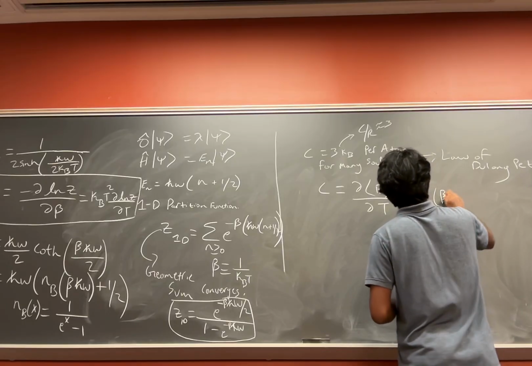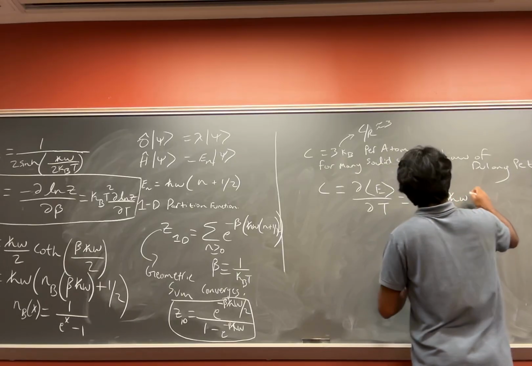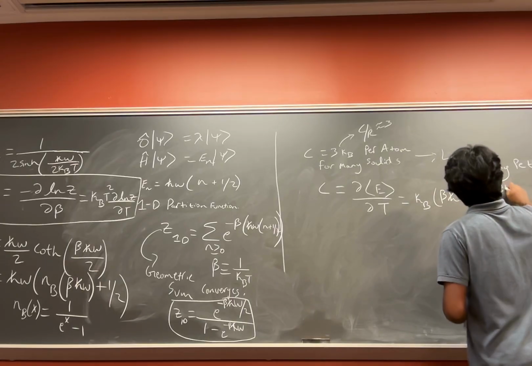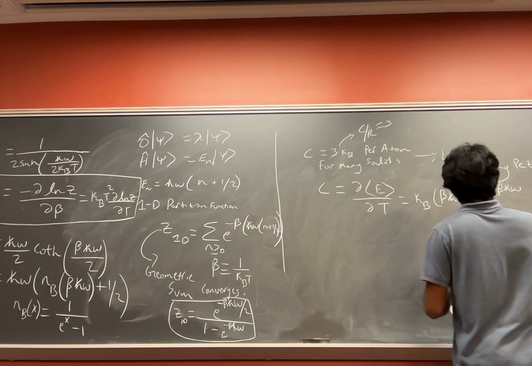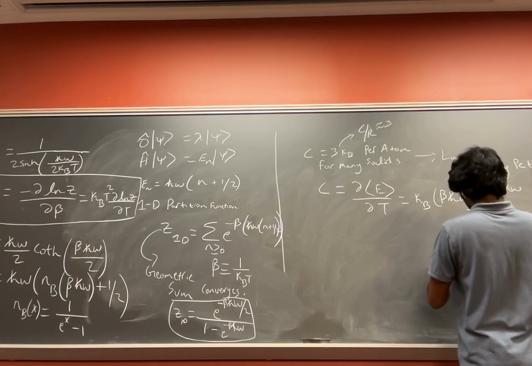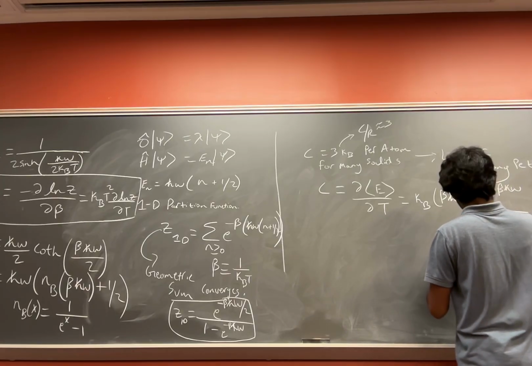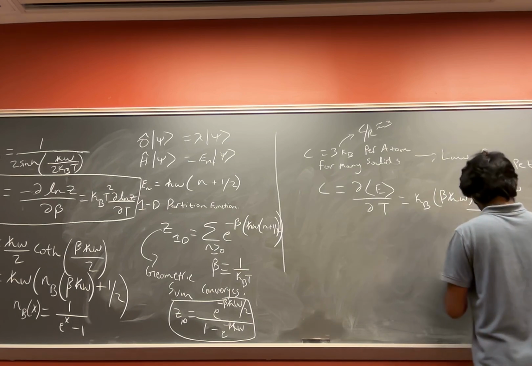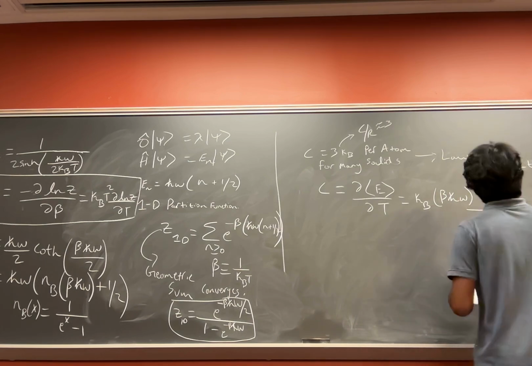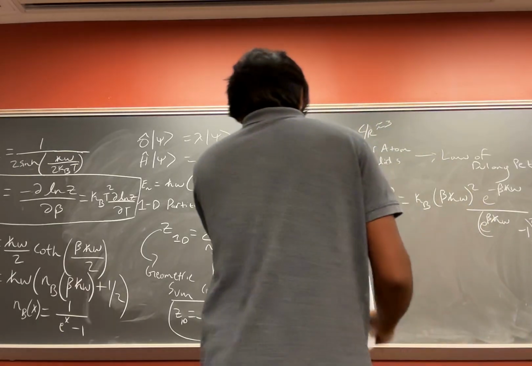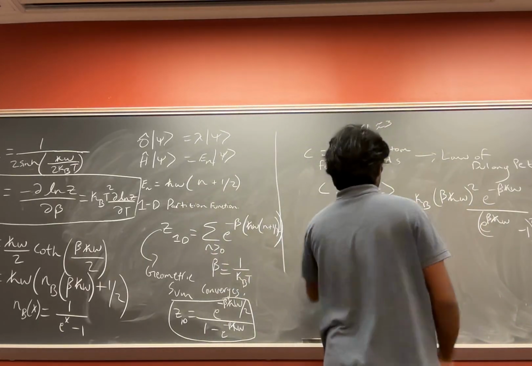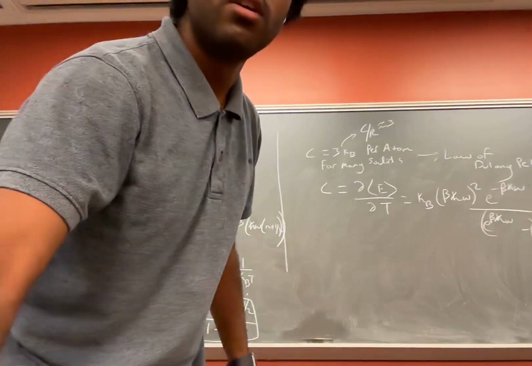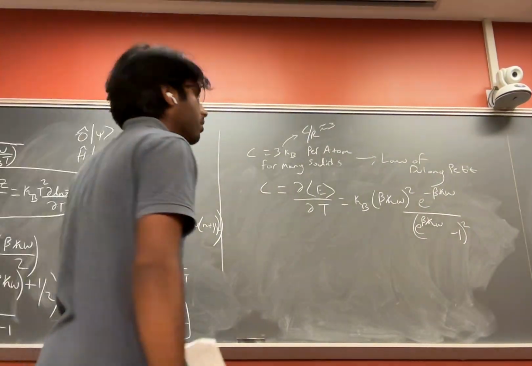kB times h bar omega squared e to the negative beta h bar omega over e to the beta h bar omega minus 1 squared. I skipped some of the derivative exercises over there.